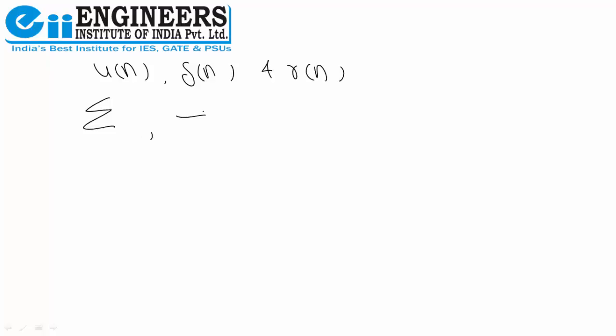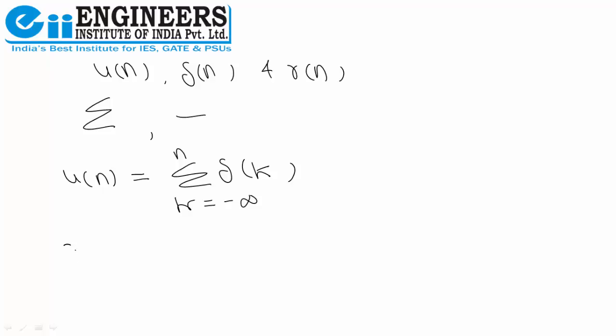Now how to relate them? u of n is simply the summation of delta k, from k equal to minus infinity to n. Like similarly u of t is the integration, so u of n is the summation.